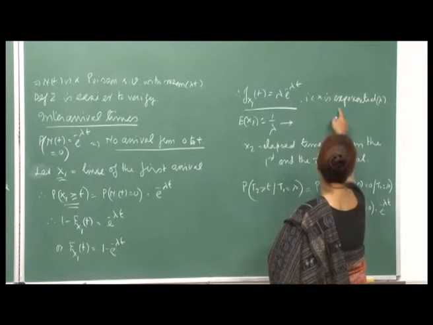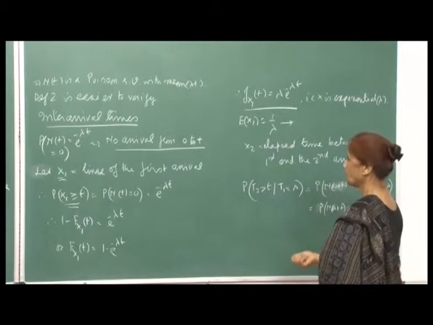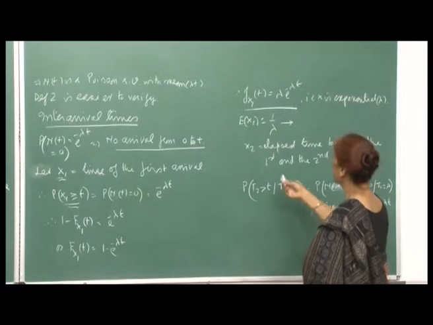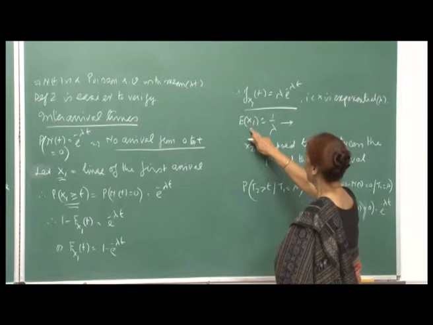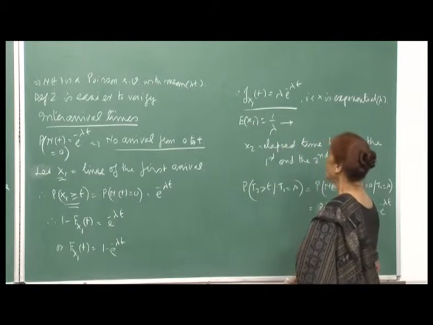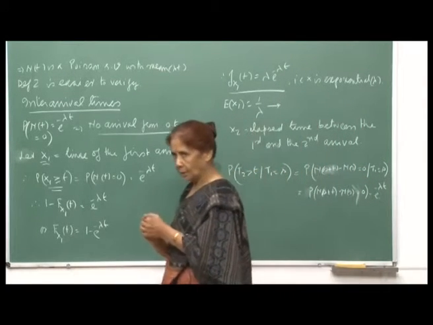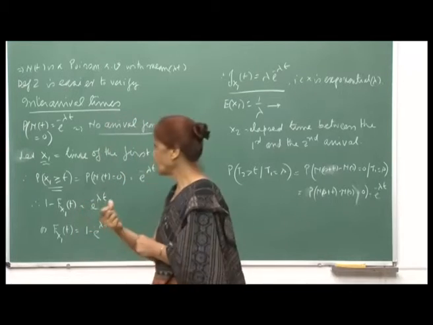Now, this is the exponential lambda. So, the distribution of X1 is exponential lambda, and therefore the expected value of X1 is 1 upon lambda. So, this tells you that 1 upon lambda is the mean time of first arrival.